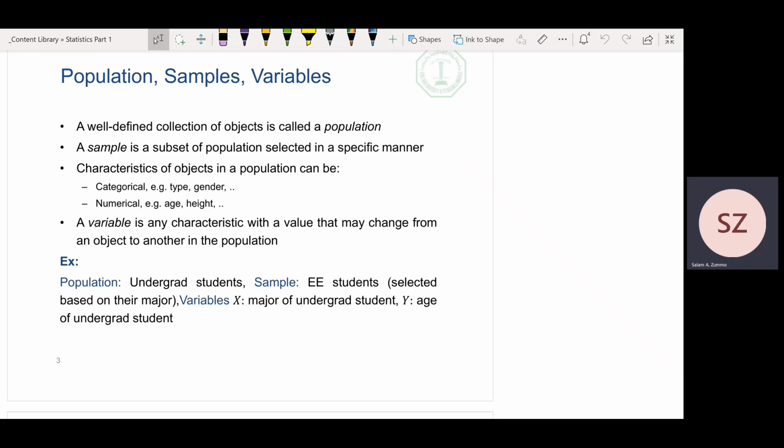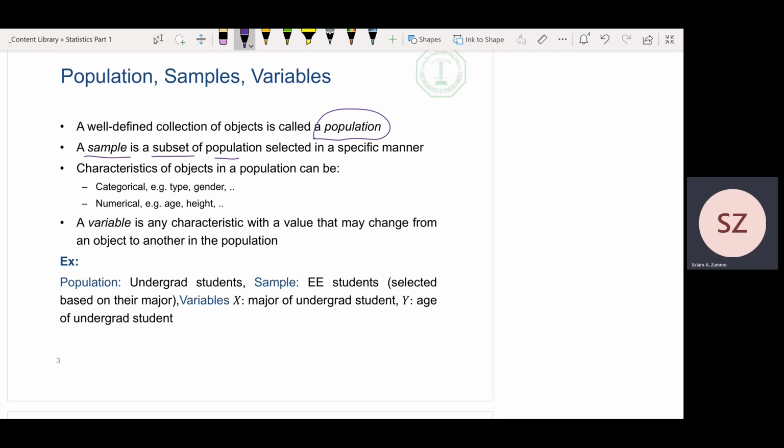Understand? Okay? Now a sample. So a population is everybody. Clear? Everybody who took the exam, everybody in Italy, everybody in Saudi Arabia. This is the population. Whereas the sample is a subset of the population. The thing I am just trying to use to make an estimation of whatever characteristics of the population.